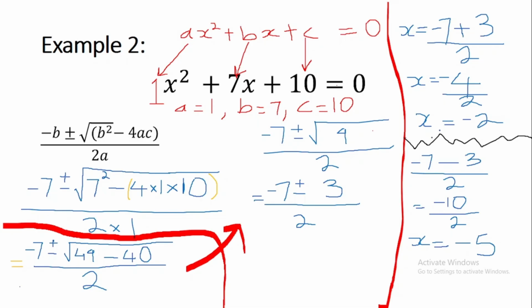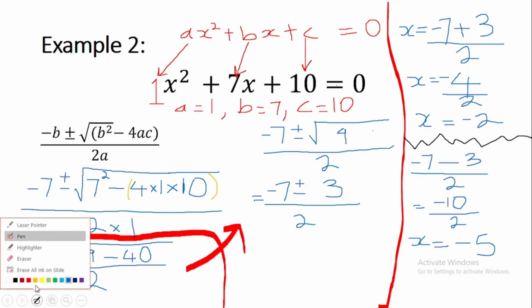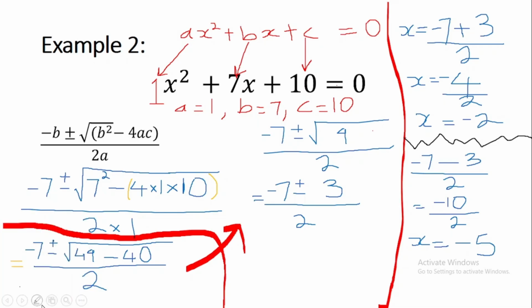Okay, so x is going to be either negative 2 or negative 5. So these are the two values for x right there. Using the highlighter, x is going to be negative 5, or x is going to be negative 2.